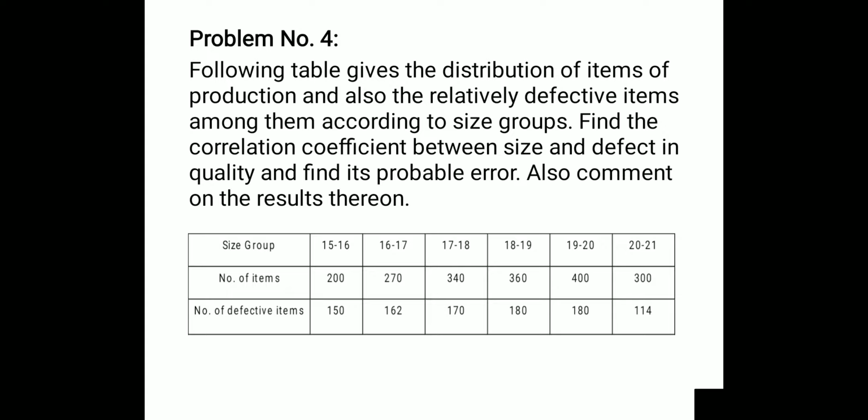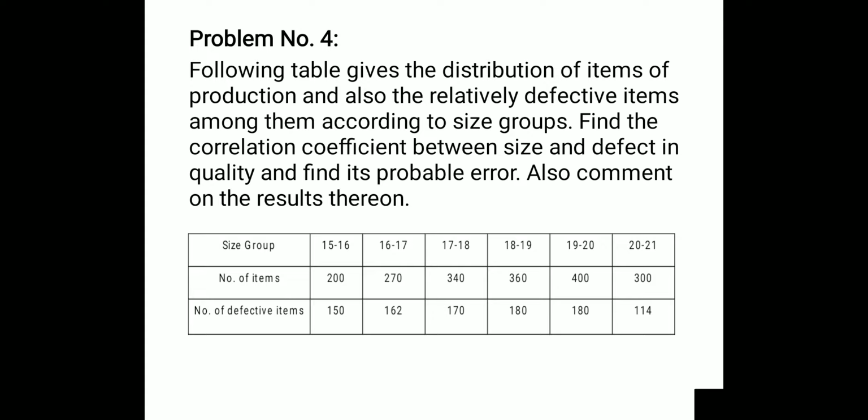So in the present problem, you are given the size group, number of items and the number of defective items. Now you have to concentrate on what correlation you need. We need the correlation coefficient between the size group, so the first row of the problem, that is size group, has to be considered.